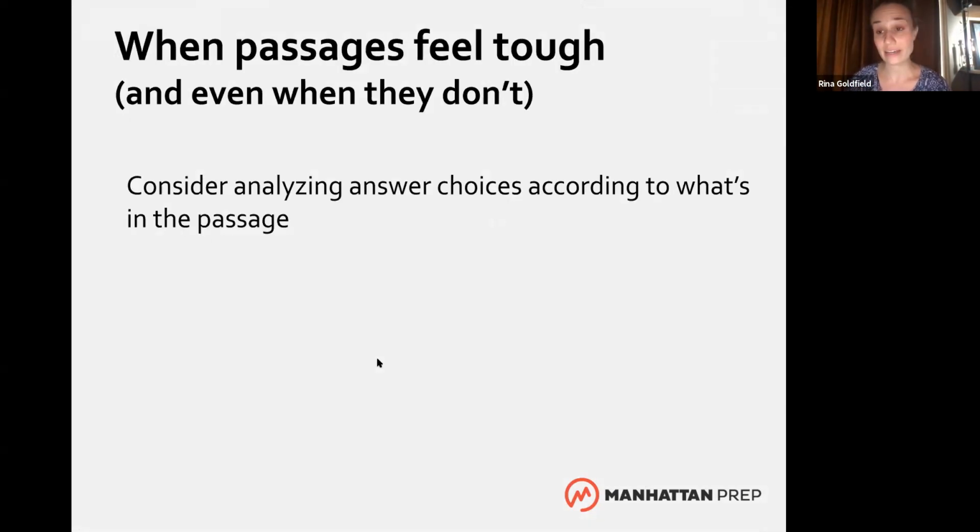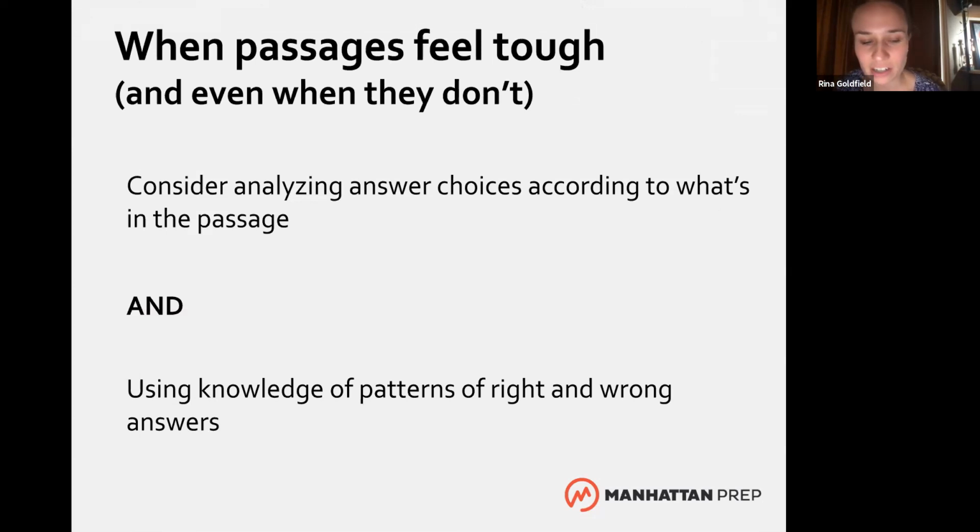So what that means is when passages feel tough, and even when they don't feel tough, consider analyzing answer choices according to what's in the passage, and according to your knowledge of patterns of right and wrong answers. As you do more and more of these passages, especially on particular question types, you'll start to get a sense of what a GRE-like right answer is, and what some common traps for this kind of question are that you want to avoid.